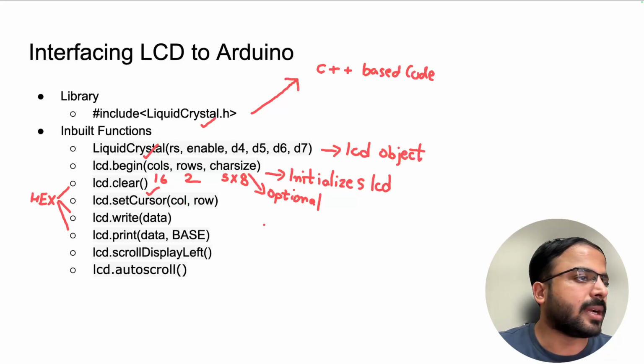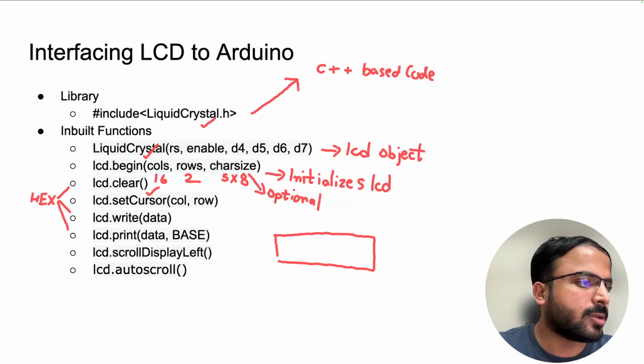Now setCursor. Let's revisit how our LCD was. It had 2 rows and 16 columns. This was our 0th row, this was our 1st row, and this is our 0th column, 1, 2, and so on.